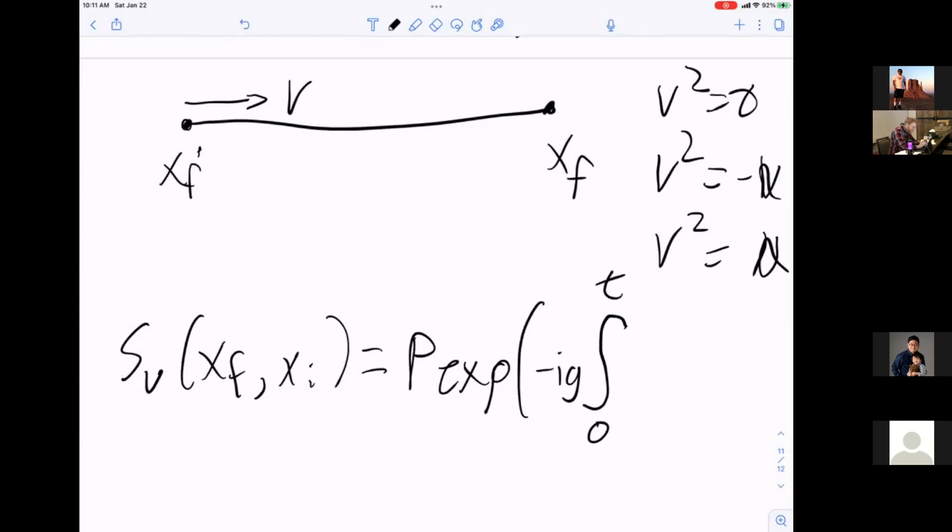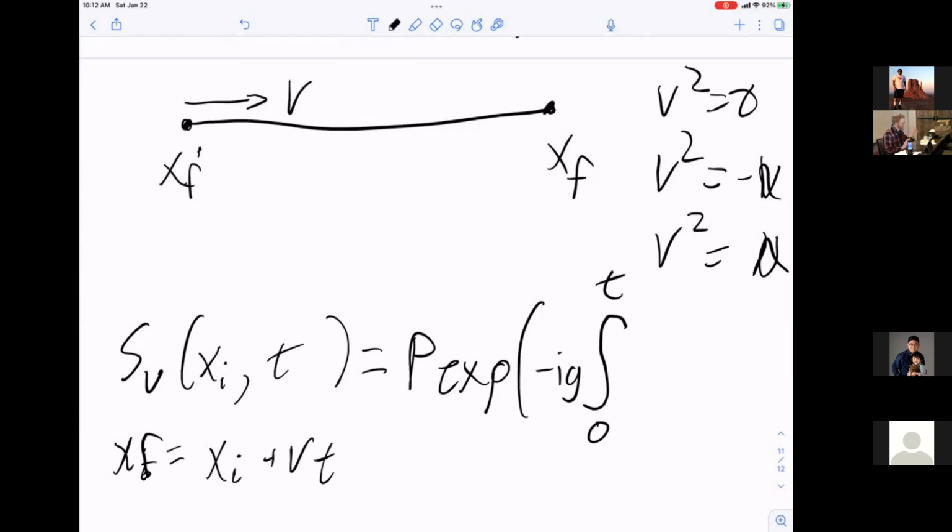What's also important, actually, I'll write it this way. This will be a better notation. I'll write down just my starting point and the amount of time that it takes me to get to x_f. So what is that t? Well, x_f is x_i plus v t.